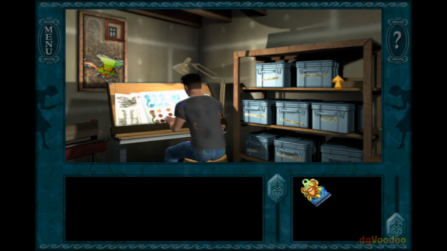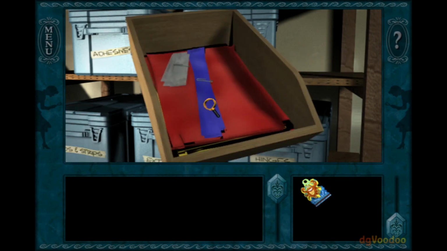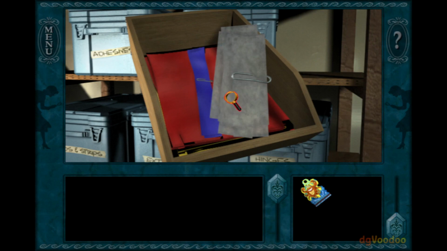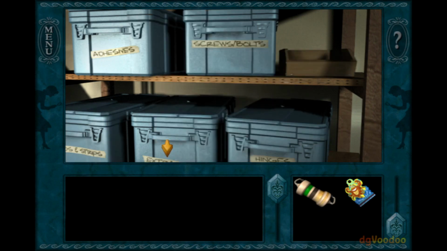Okay. Oh, we can look around. Could I have some of these tissue strips? Be my guest. Screws and bolts, adhesives.